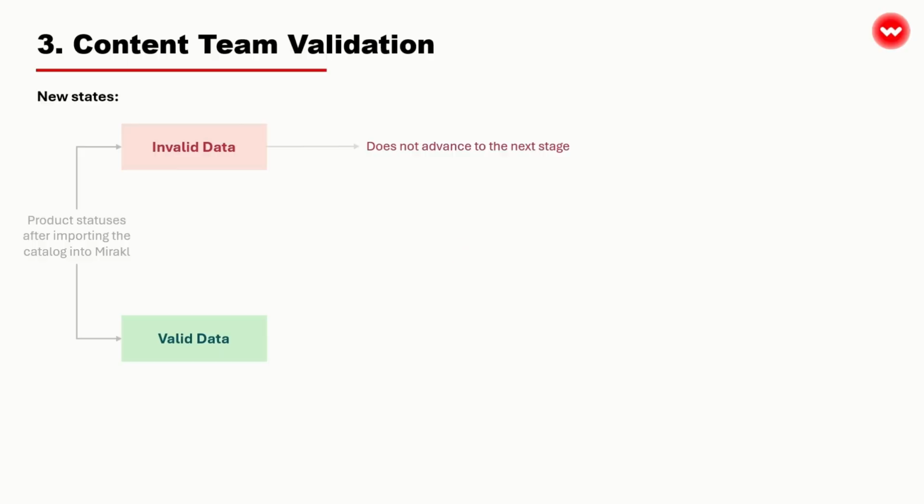Do you remember the 5 product statuses we talked about earlier? Now let's connect each of these statuses to the actions performed by the catalog team during the validation process. New. It's a new product. It has been created and is awaiting acceptance or rejection by the catalog team.